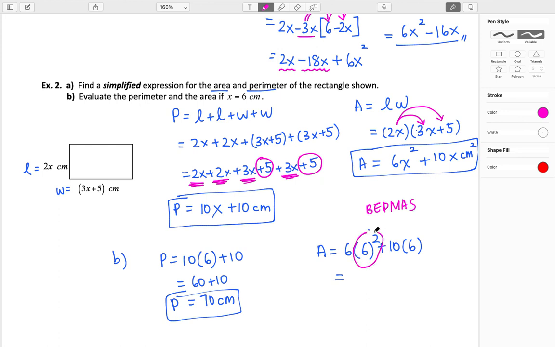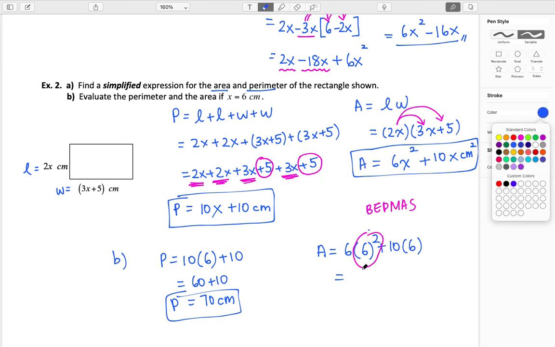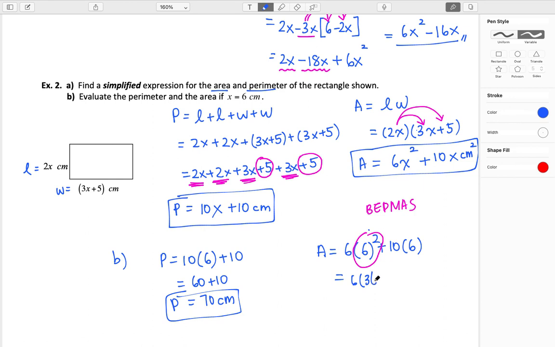So do this first, which is 6 times 36 plus 60. Then 6 times 36 plus 60, you're going to get 276 centimeters squared. And that is the area when x is 6 centimeter.